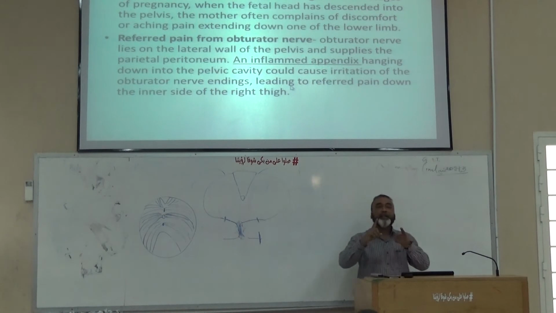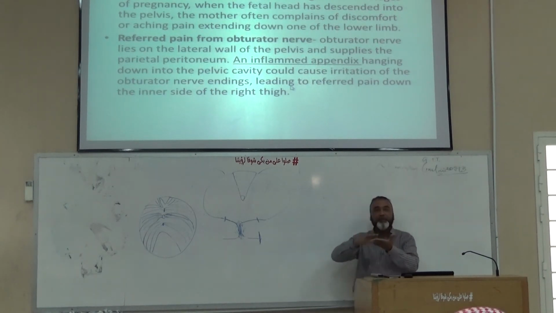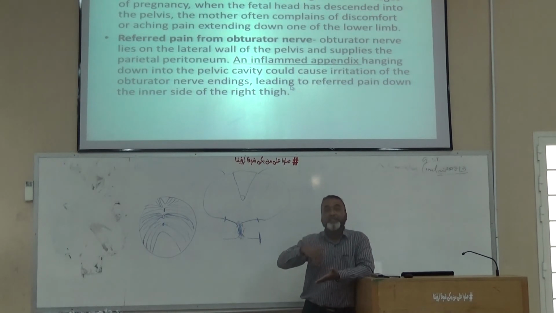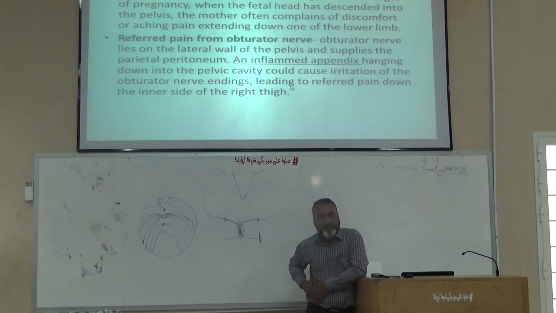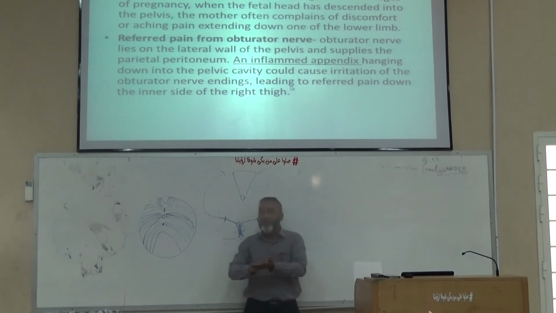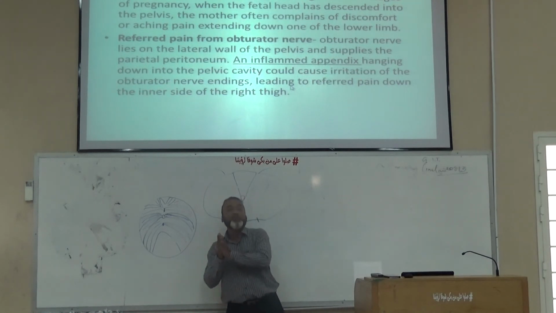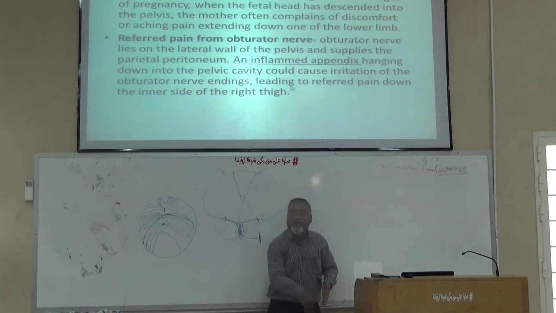Now when there is inflammation of the appendix, this inflamed appendix can press the obturator nerve on the right side, due to which there is pressure or inflammatory response over the obturator nerve, and this obturator nerve is supplying which area?